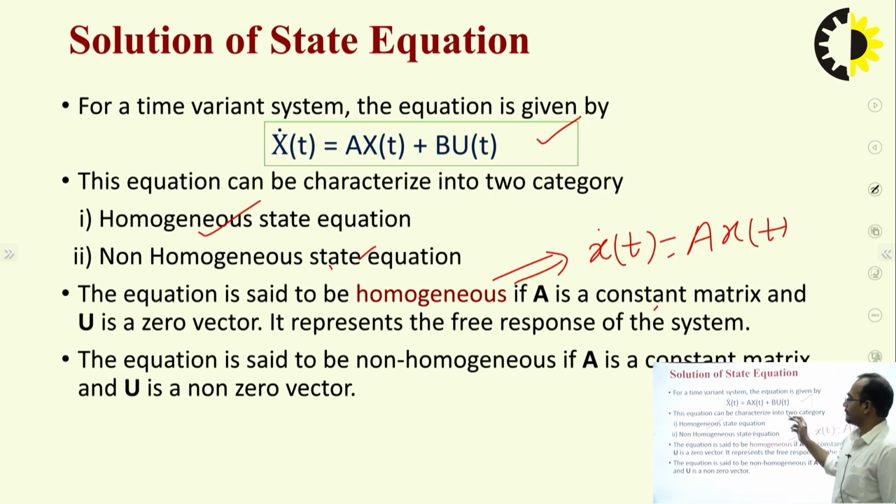But in case of the non-homogeneous equation, this equation will be as it is written here, x dot t is equal to Ax(t) plus Bu(t).